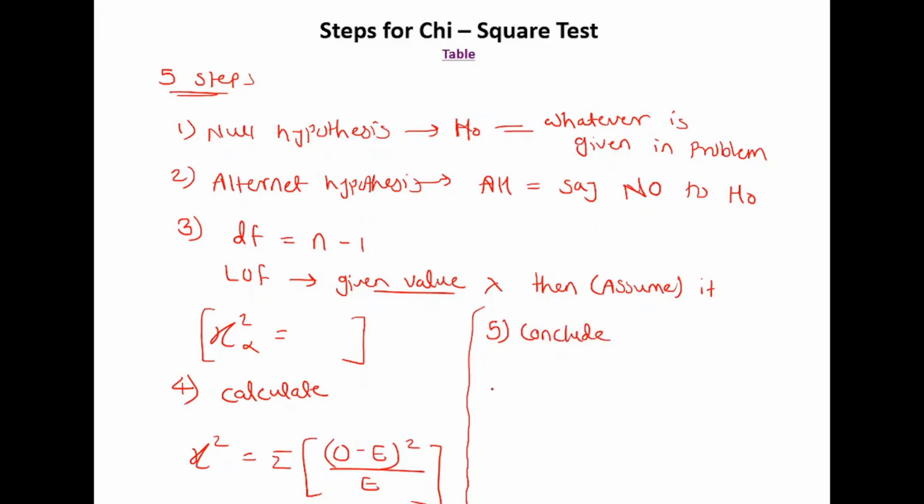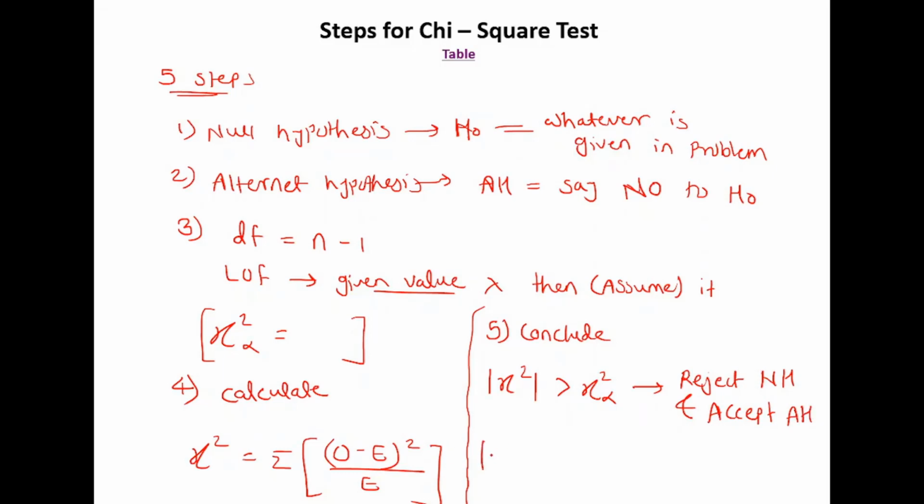So in conclusion, if the chi-square value or mod of chi-square is greater than chi-square alpha, then we accept alternate hypothesis and reject null hypothesis. So we reject null hypothesis and accept alternate hypothesis.